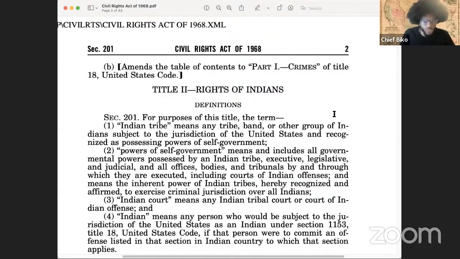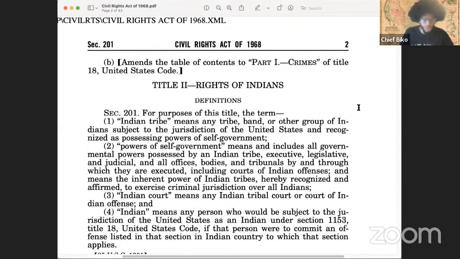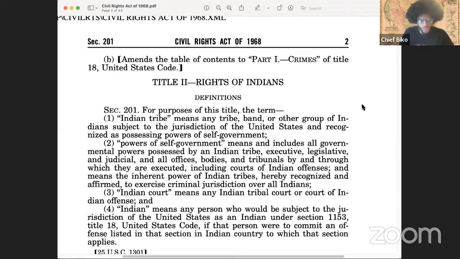I'll jump into it. So Title II, Rights of Indians, definitions. Section 201. For purposes of this title, definition number 1, Indian tribe means any tribe, band, or other group of Indians subject to the jurisdiction of the United States and recognized as possessing powers of self-government.